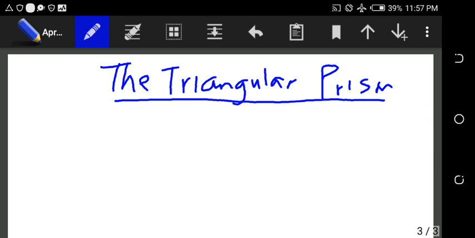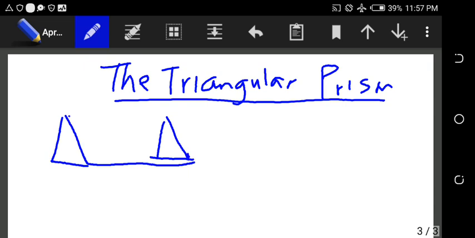So I'm going to go ahead and make a drawing of what it looks like. You have it like this, a triangle, then another triangle. Okay, so we'll join this side, join the top, and then we can use dashed lines to connect the other side of it.